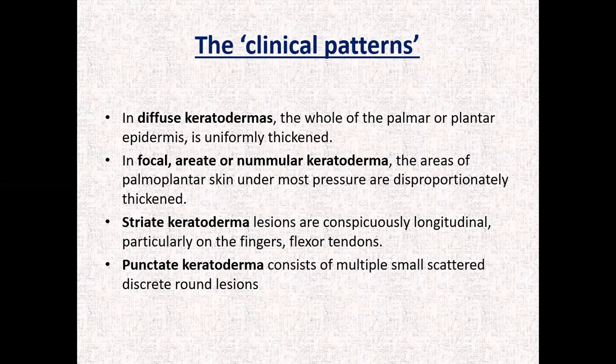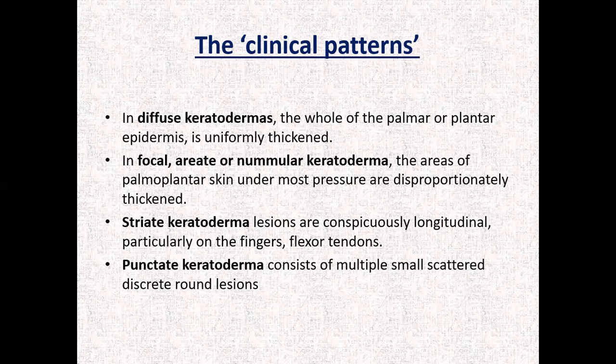There are focal, areate or nummular keratodermas as well, in which the areas of palmoplantar skin under pressure are disproportionately thickened. Such keratodermas have a special feature that they cause difficulty in walking as well.